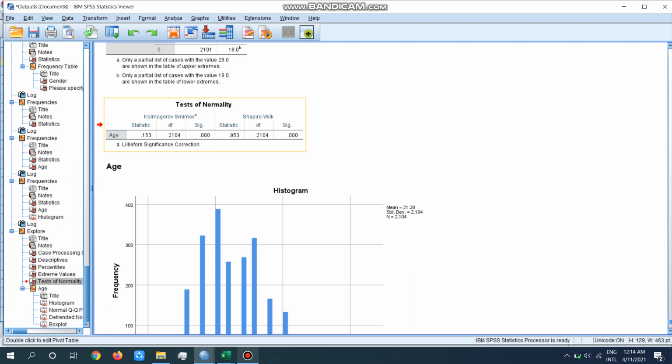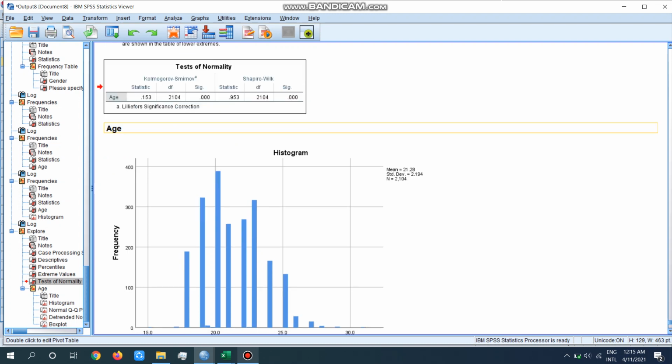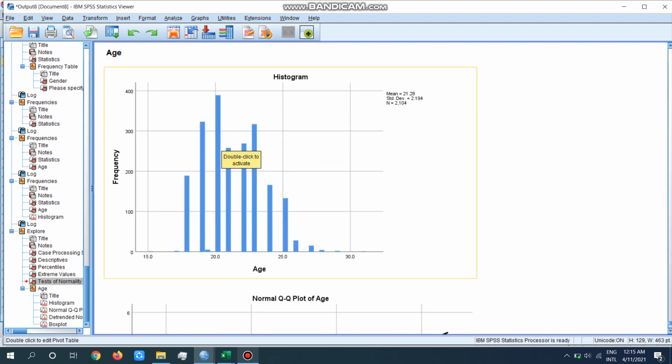That means we will reject the null hypothesis, which says that age is not different from the normal distribution. After we reject it, it is different from the normal distribution. So in another way, whenever you see the Shapiro-Wilk test is significant, that means the variable you have used is not normally distributed.